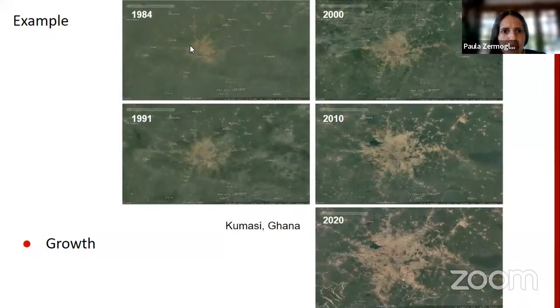If we were to determine the extent of Kumasi in one particular year, in the 80s, we would say the extent is X kilometers. But if we were to determine it today, the extent will be pretty different. The radial will be different. And so we have to be aware that the overall uncertainty will change when we delimit a feature that has a larger extent and therefore a larger radial.